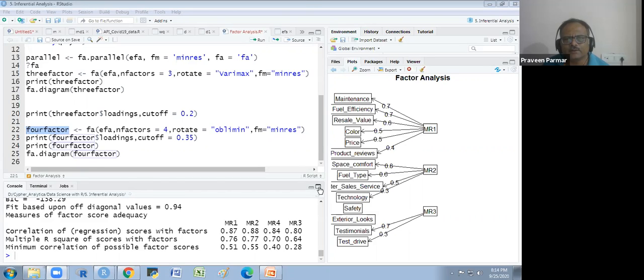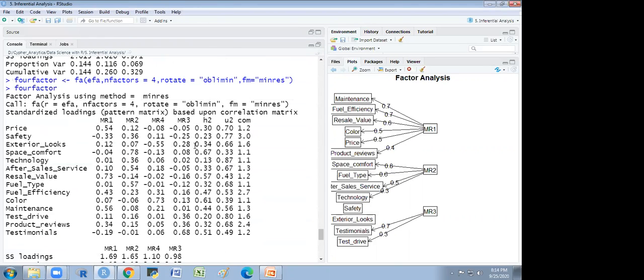Sir, I have a question. In the starting, you mentioned that factor analysis is used when there is a situation of multicollinearity. What way can it be used?